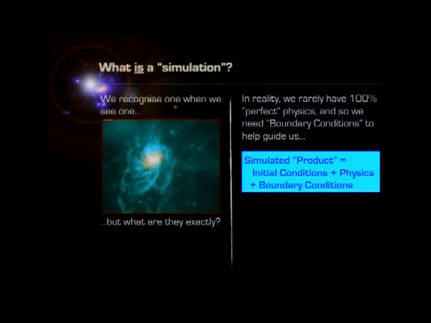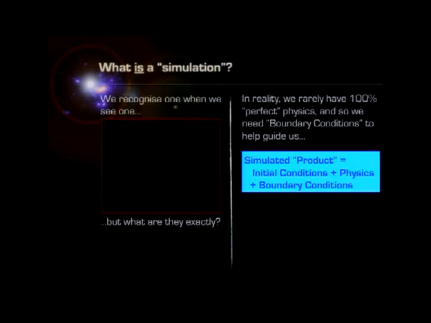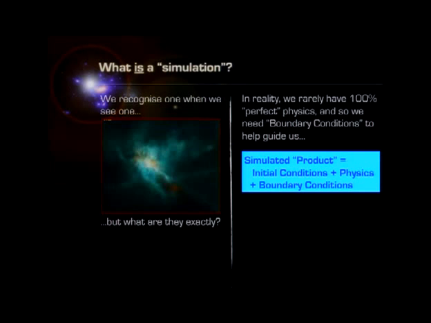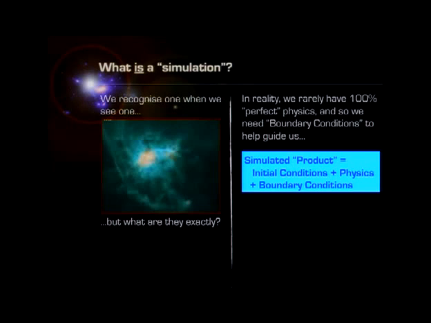So in an ideal world, you can imagine, say with that simulation on the left, if you set up your initial conditions correctly and just turn on physics, say gravity, and just let the thing run, if you've captured the gravitational effects correctly, you should get something at the end of the day that looks like a nice galaxy. So that would be great, but what we find in reality is that we're not capturing every little bit of physics along the way, and so we need a little help. We have some boundary conditions, and I'll give you some examples of how we use boundary conditions to help guide us to the right answer.